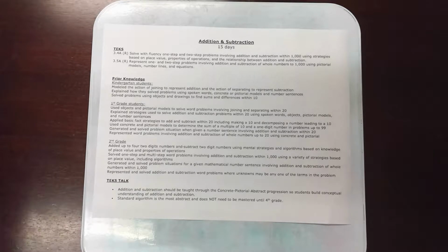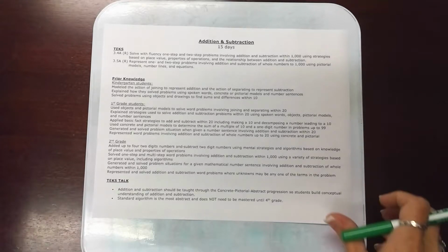We can't just start out with standard algorithm and expect all students are going to get it. Because as we've talked before, a lot of students still do not understand the whole regrouping process, and it's very, very hard for them to understand. So we have to give them other strategies, and we have to be able to show them concretely, pictorially, why we ask them to regroup, okay?